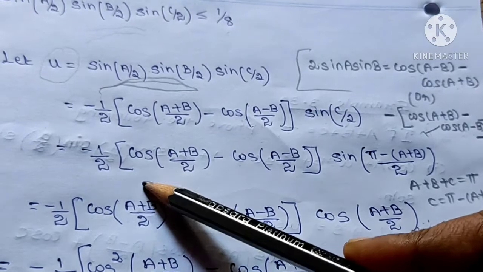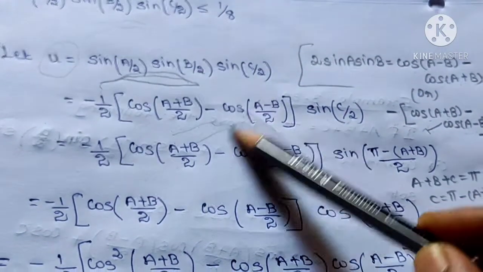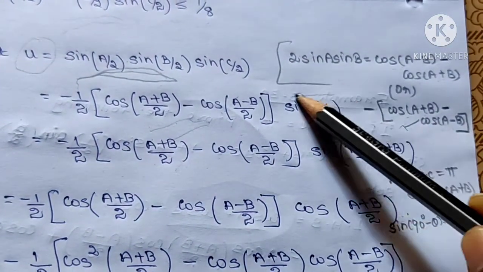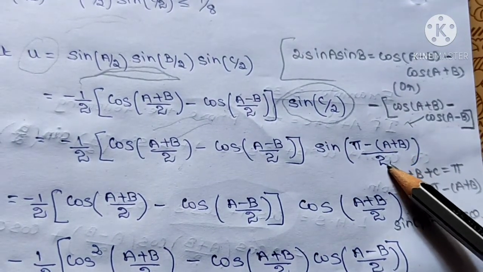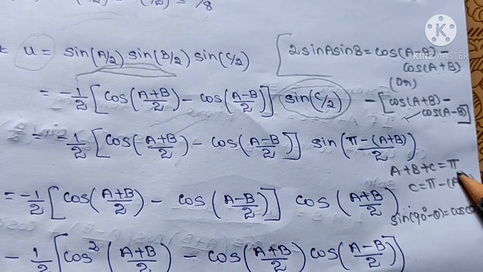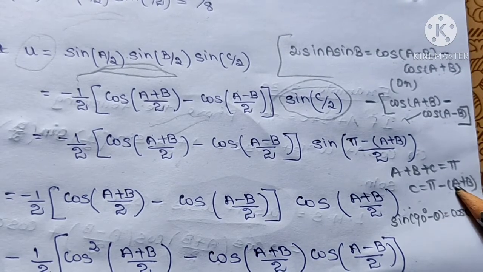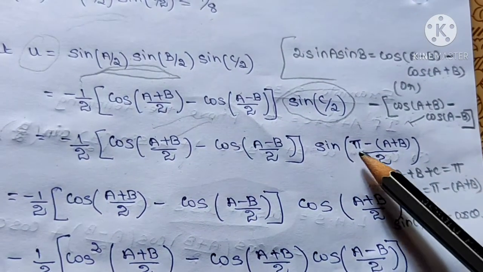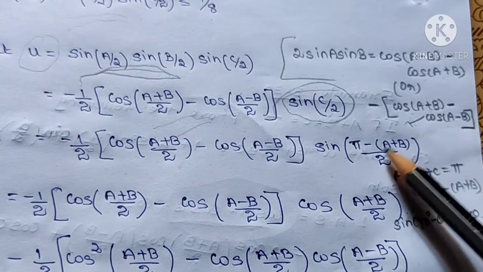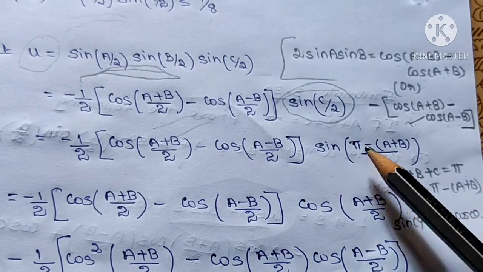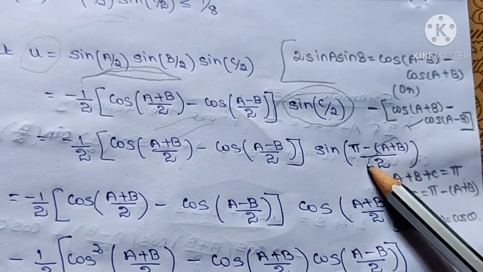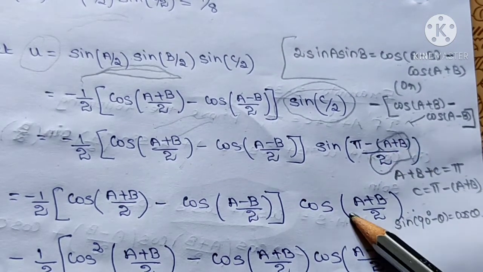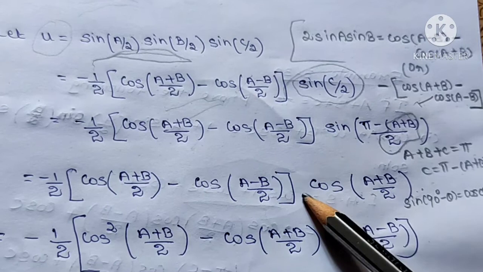Then minus 1 by 2 into, write the first two terms, and in this place you write sin of pi minus a plus b by 2, because a plus b plus c is pi, so c is pi minus of a plus b. Then split the term, sin of pi by 2 minus a plus b by 2. So sin of 90 degree minus theta, we get cos theta. In cos theta place you substitute a plus b by 2. Okay, the balance terms you keep it.